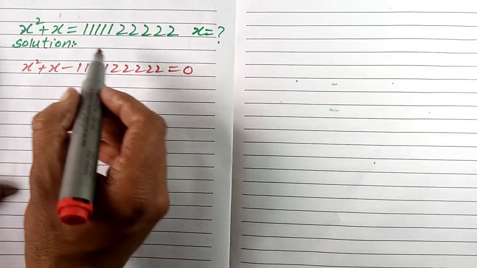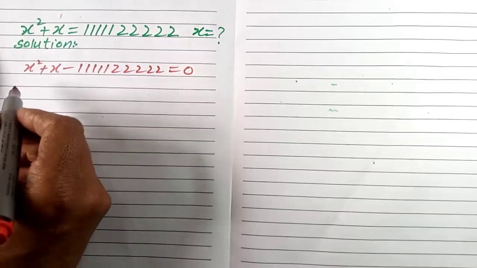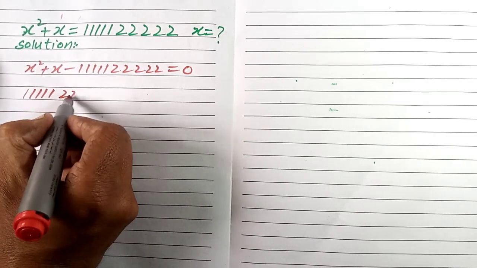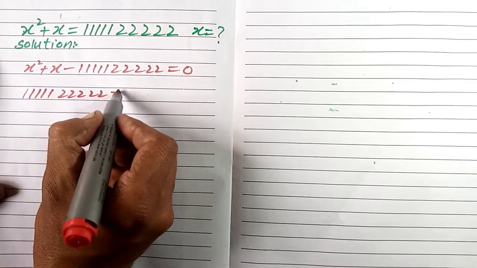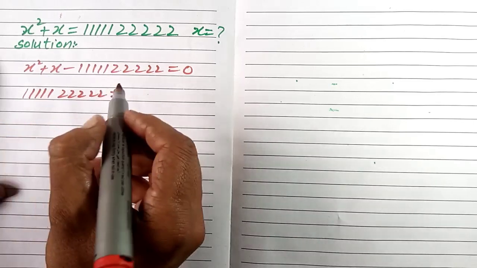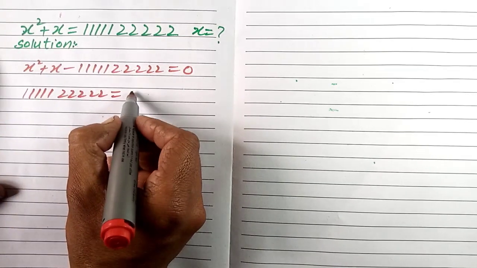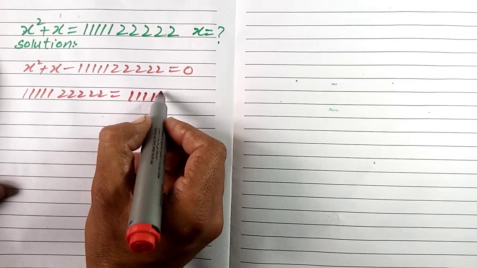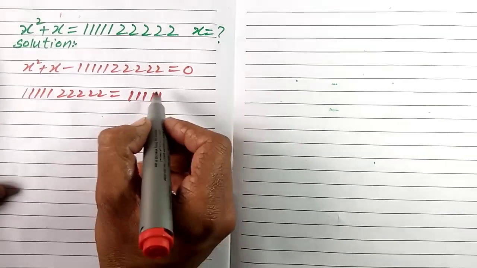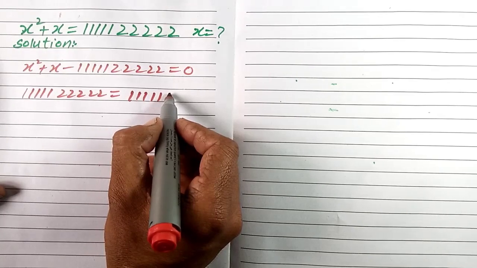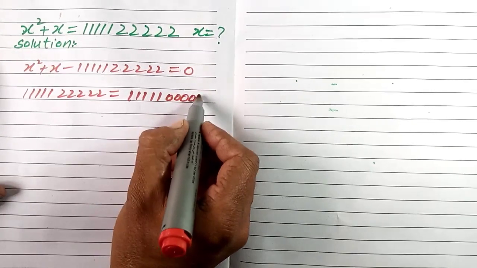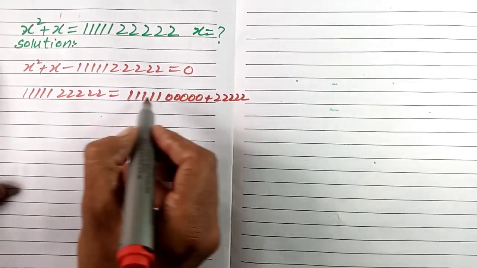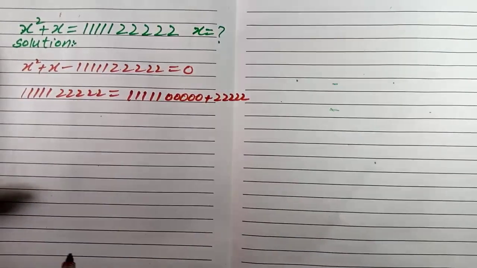So here we can write first of all this term, which is 5 times 1 and 5 times 2. We can write this into 5 times 1, 1 2 3 4 5, and 5 times 0, plus 5 times 2, which is equivalent to this term.